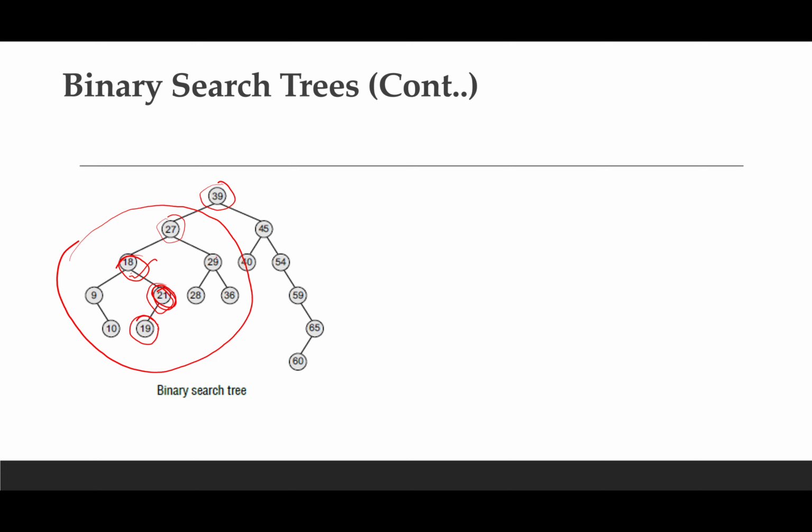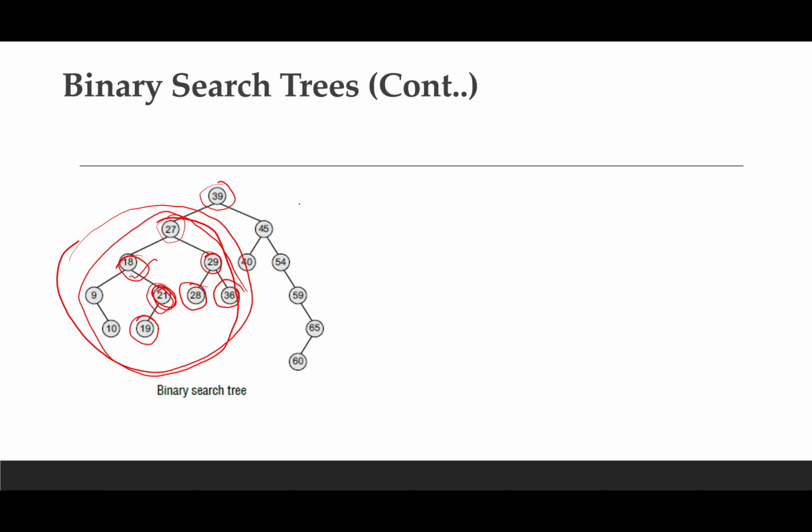Then 29 is the right child of 27, and it is greater than 27. The 28 is less than 29 because the left child should be less than the root. Then 36 is greater than 29. Whatever values we use in the left child should be less than the root. The right subtree values are greater than 39: 40, 45, 54, 59, 65 and 60. Whenever you insert a left child, it should be less than the root.